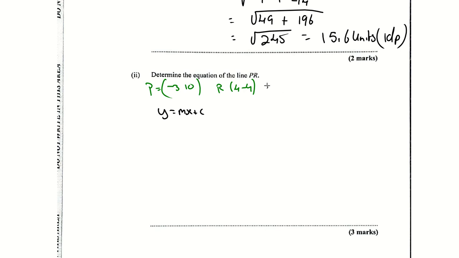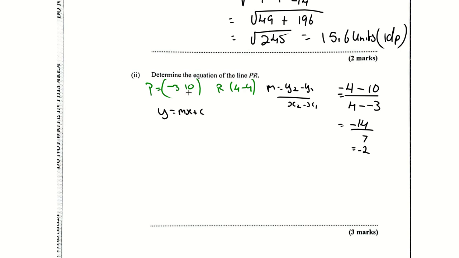So we need to find the gradient first, which is y2 minus y1 over x2 minus x1, which is negative 4 minus 10 over 4 minus negative 3, so negative 14 over 4 plus 3, which is 7, so the gradient is negative 2, right?